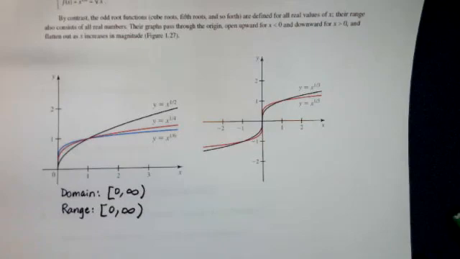Now, by contrast, the odd root functions, which are cube roots, fifth roots, and so forth, are defined for all real values of x. And their range consists of all real numbers. With these graphs, they pass through the origin and open upward for x less than 0 and downward for x greater than 0. And they flatten out as x increases in magnitude.